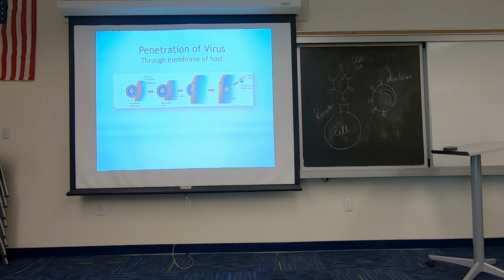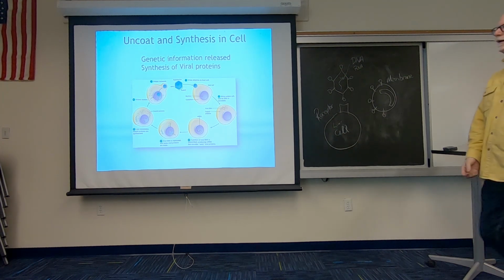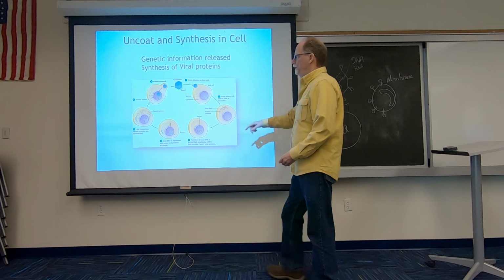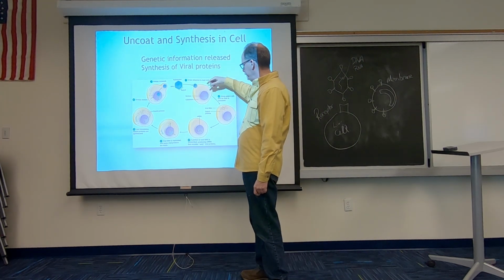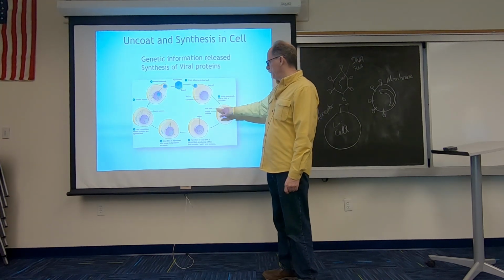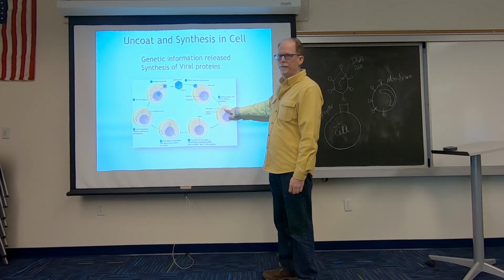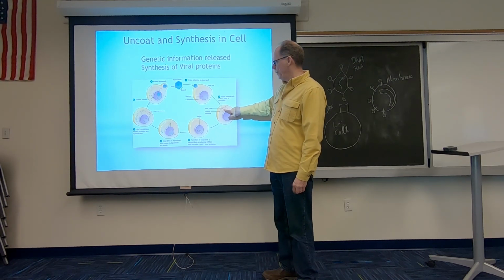So you have attachment, and then penetration means that you get in. So this is another depiction of that. The viral particle sticks to the host cell. It gets into the host cell, and the DNA from the virus is used to make the viral particles.